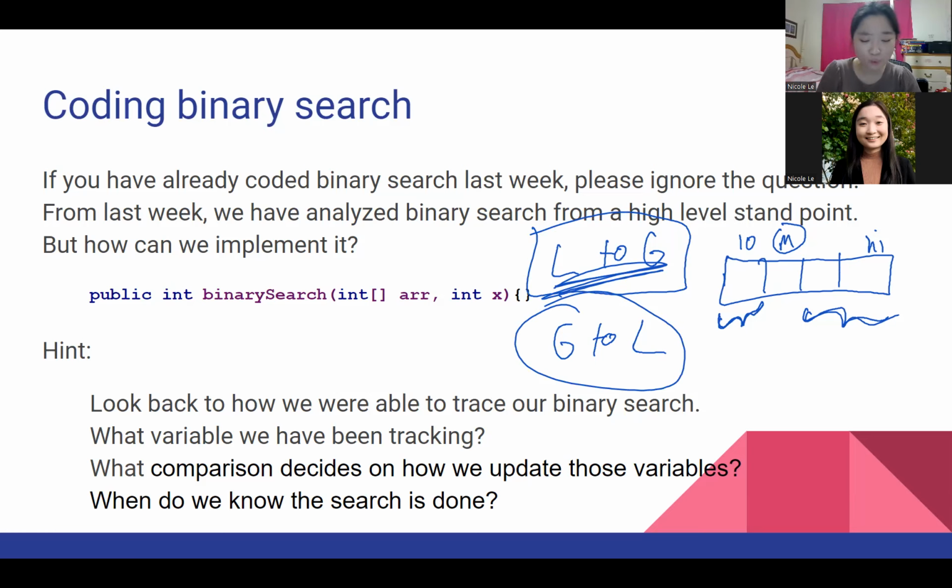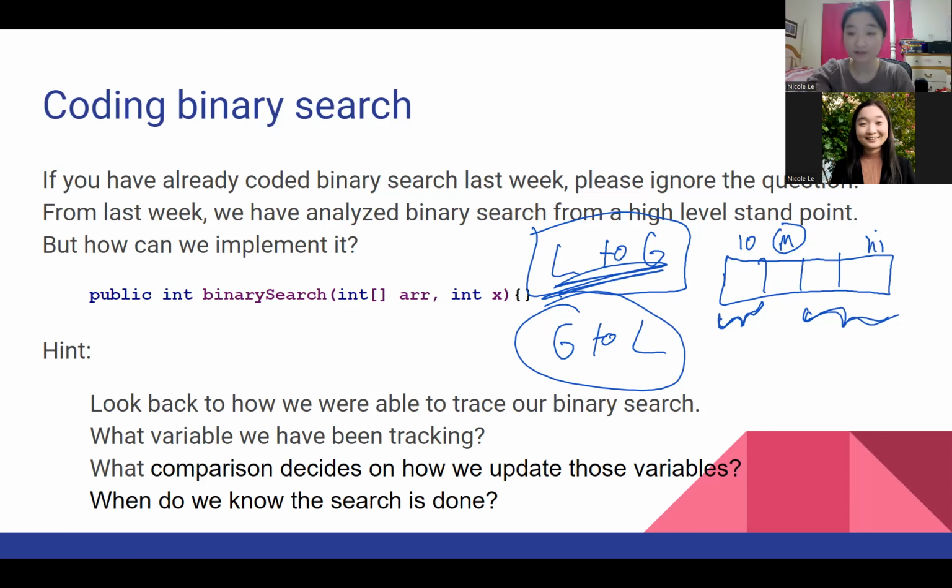And how do we know when the search is done? Well, if we compare the middle element to target and they are equal, because we're always comparing target to that middle element as we iteratively perform binary search, we return index mid, or index m.